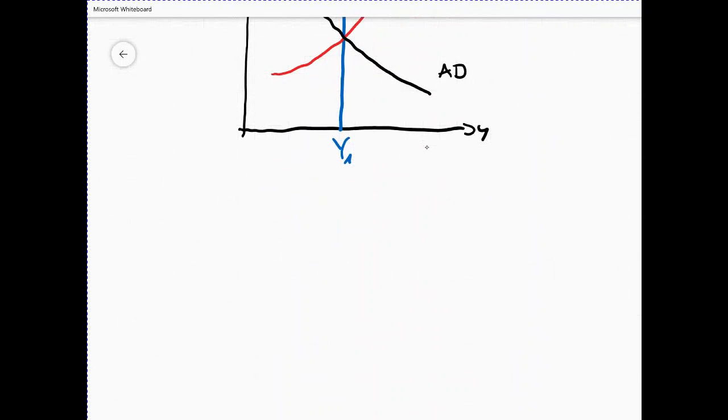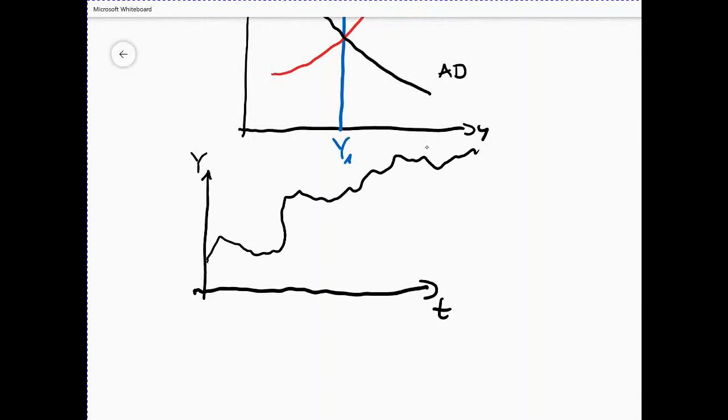Imagine you have an economy, and here we have real output, and we look at the real output over time. Now you are going to find that there is a fluctuation around a positive trend. So you can say that this positive trend here is the potential output. This is when the economy uses its resources in the most efficient way.